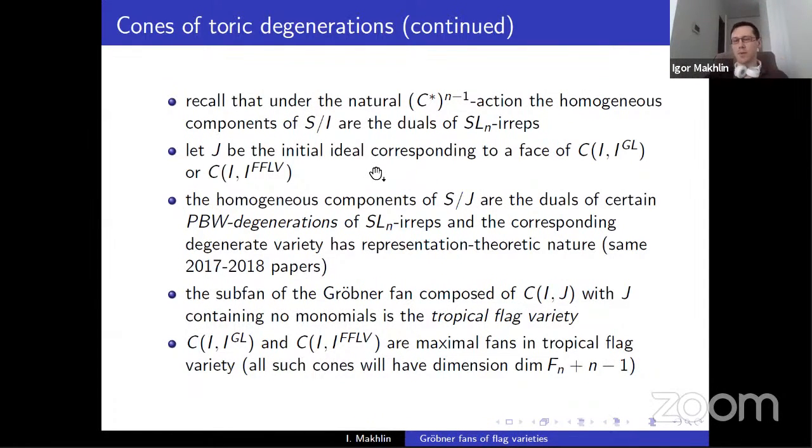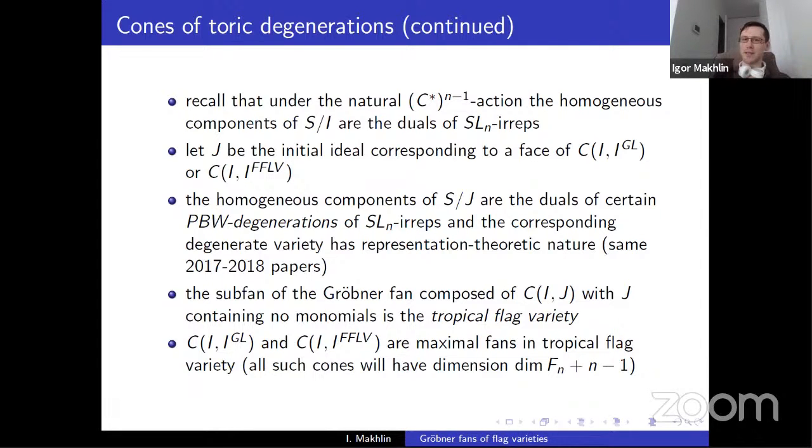You take a highest weight representation, define a certain representation theoretic filtration, take the associated graded space, and this is known as a PBW degeneration.